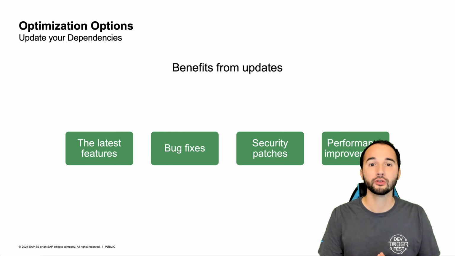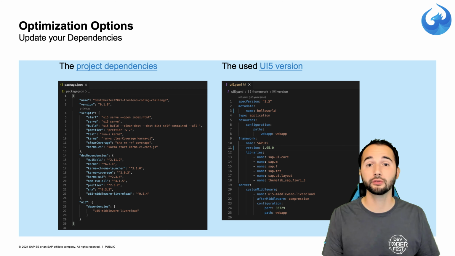Awesome. So how does this look for UI5 based applications? Well, if you use the UI5 tooling, there are two places where you need to update or check dependencies for possible updates. At first, there is the project descriptor in the package.json file. In there, you find the dependency section and the dev dependencies section, and that lists all dependencies that you use and the version number.